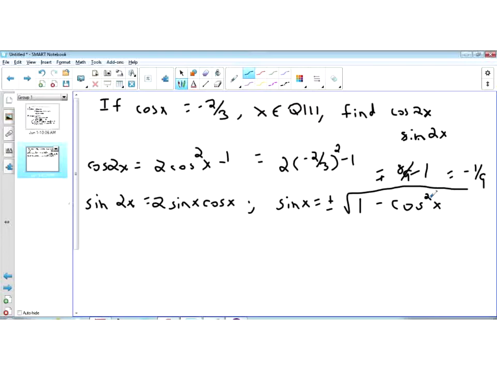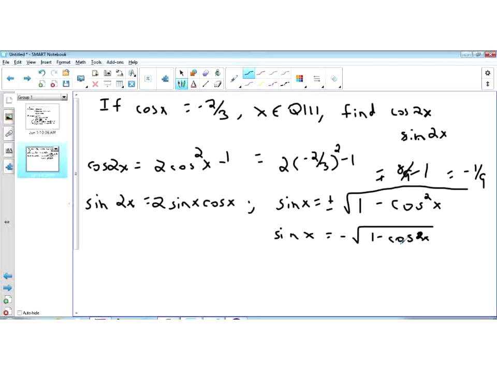Since we're in quadrant 3, the sine of x is negative in quadrant 3, so we'll have to resort to using the negative value. So in quadrant 3, sine x is equal to negative the square root of 1 minus cosine squared x.